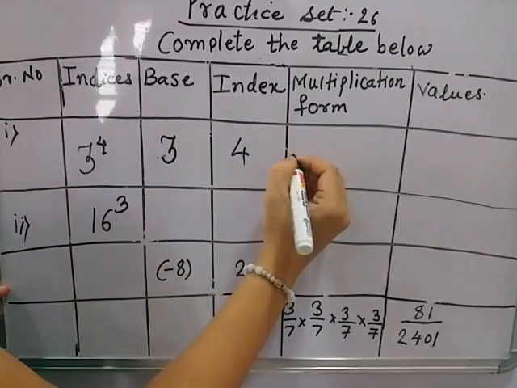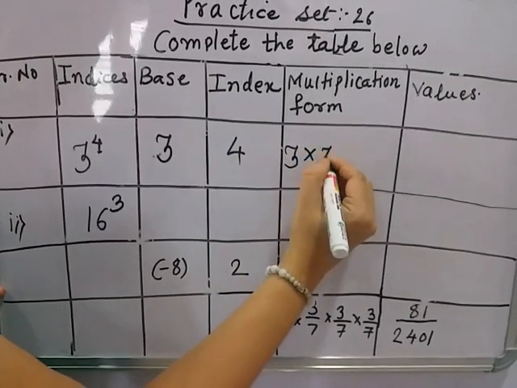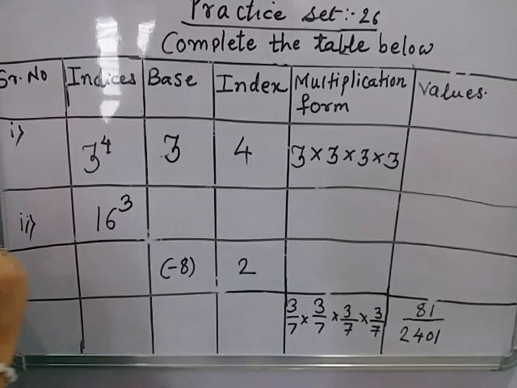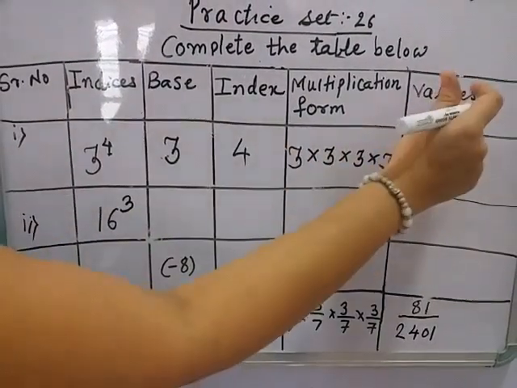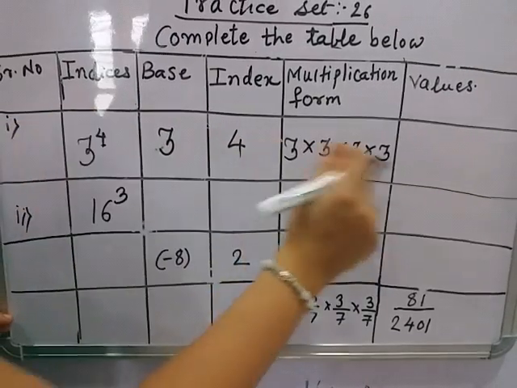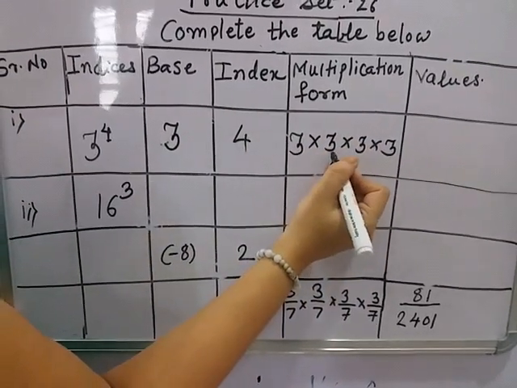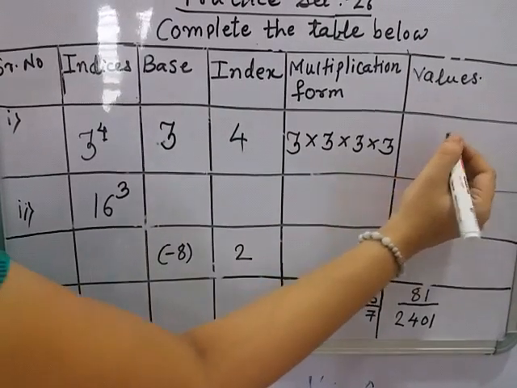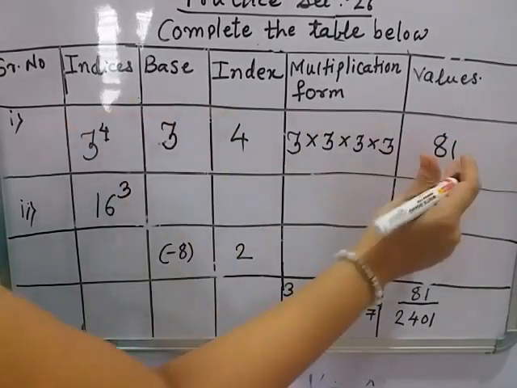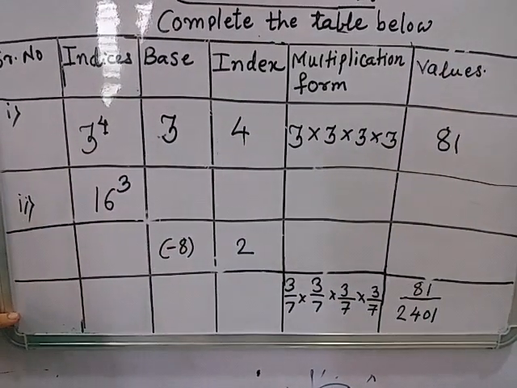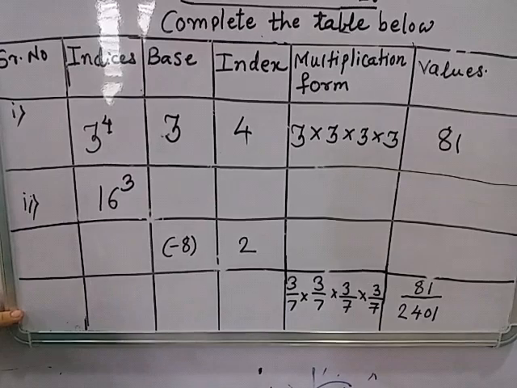So we have to write 3, that is the base, 4 times. I hope you understand what the multiplication form means. And last you are going to find the value. Value means you have to multiply all these 3s. So let's do that. 3 3s are 9. 9 3s are 27 and 27 3s are 81. So 81 is called the value of this number. I hope you understand how to do it.